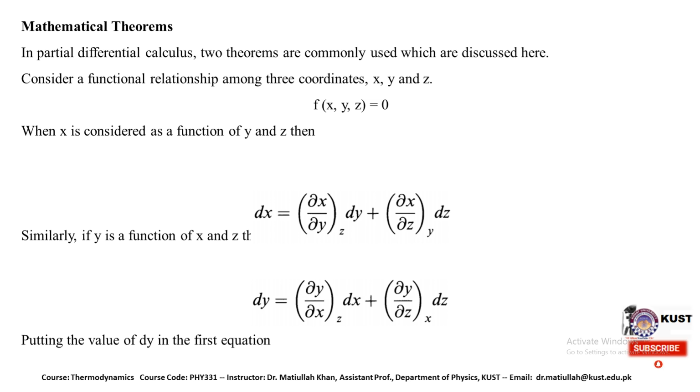Again, if we are going to develop an equation of state, two among the three variables will be independent while the third one will be dependent.